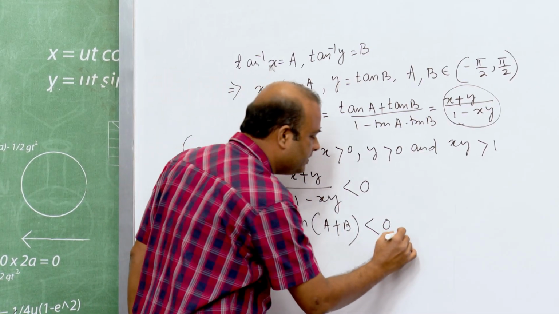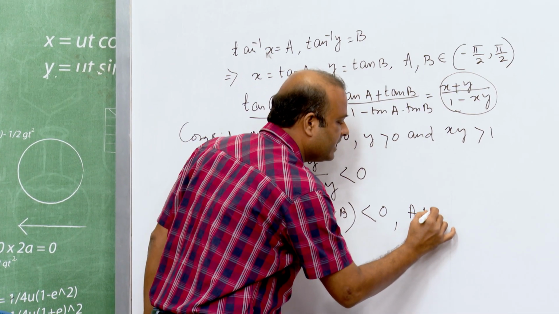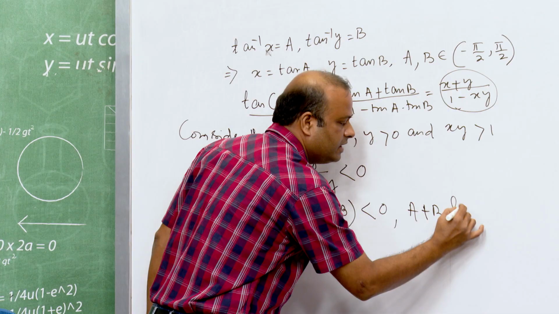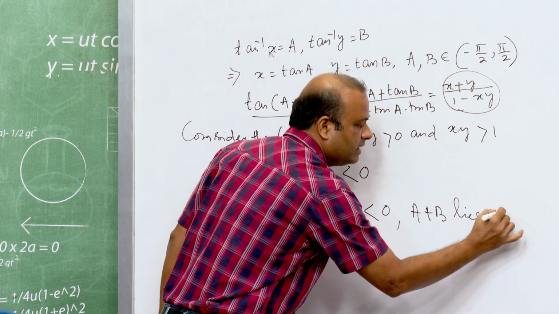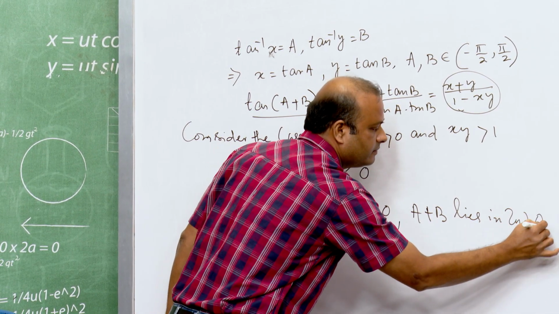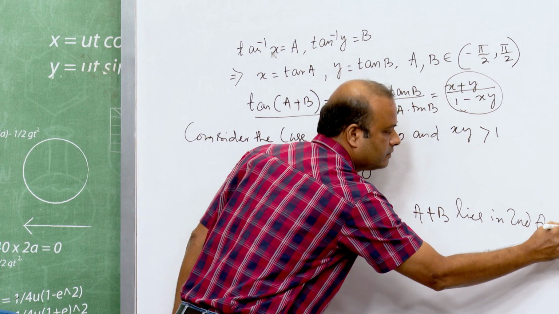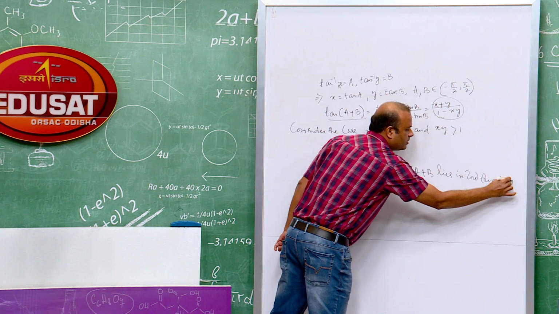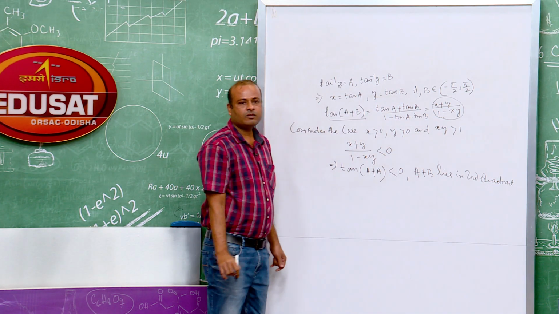So, A plus B lies in the second quadrant.